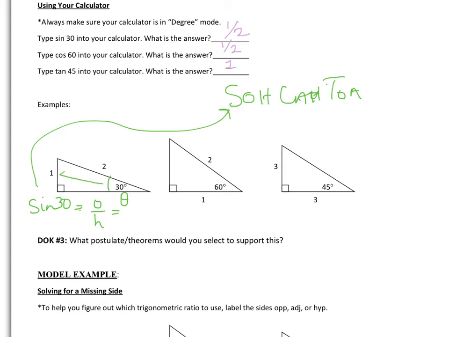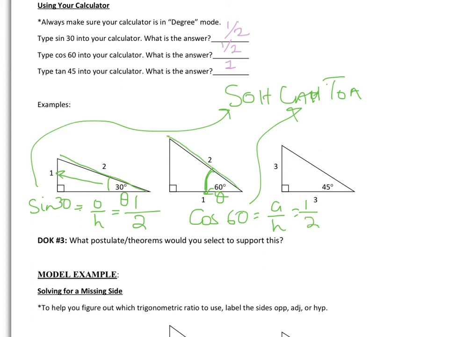Opposite to the angle is 1, and the hypotenuse is 2. If you do cosine 60, cosine is adjacent over hypotenuse. In this angle, this is our theta, adjacent is 1, and hypotenuse is still 2, right?